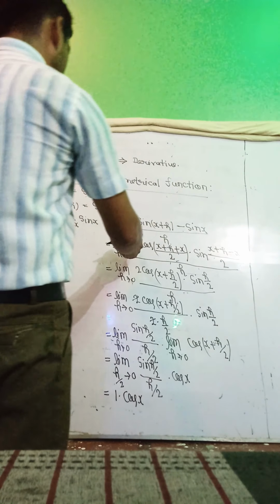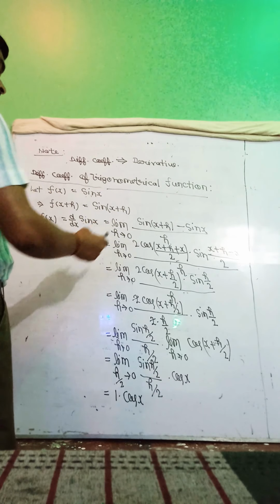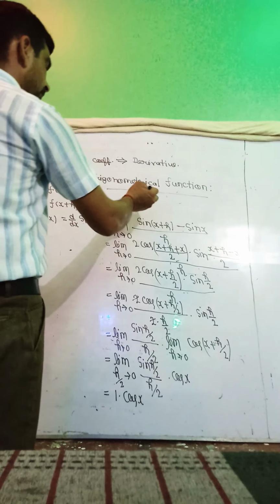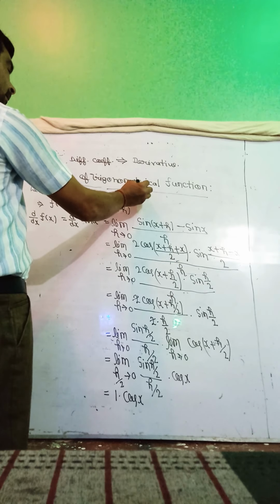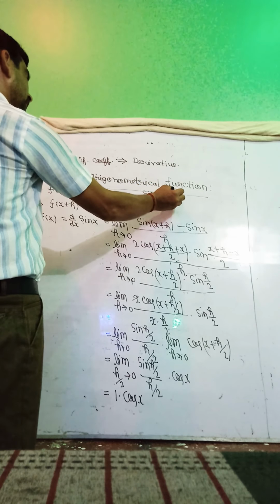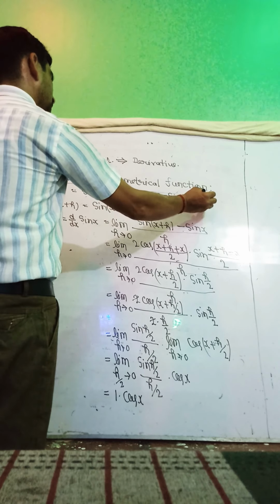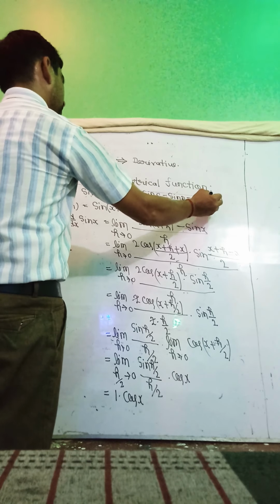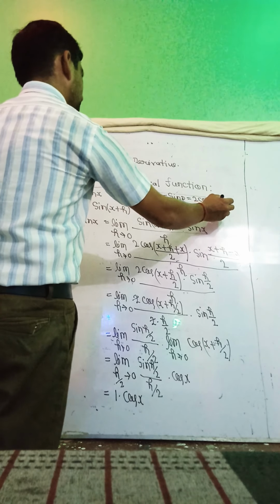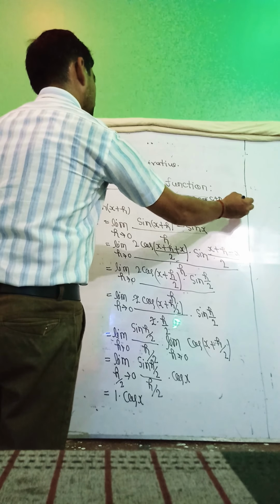Here in the second step we apply the identity sin c minus sin d is equal to 2 cos((c+d)/2) into sin((c−d)/2).